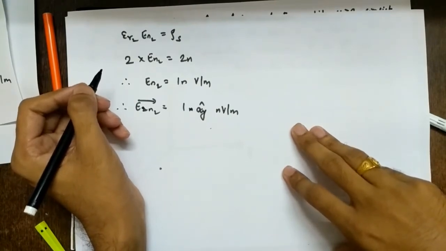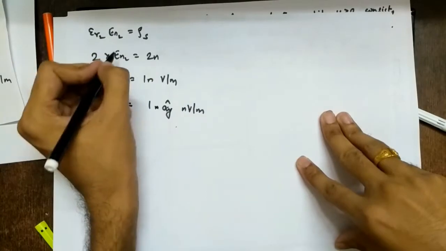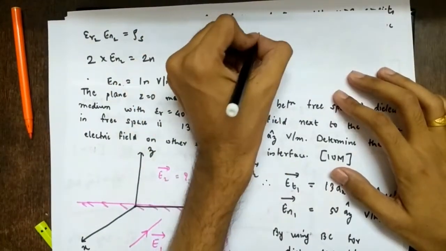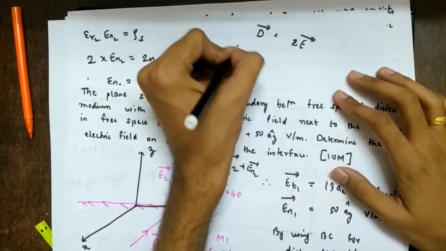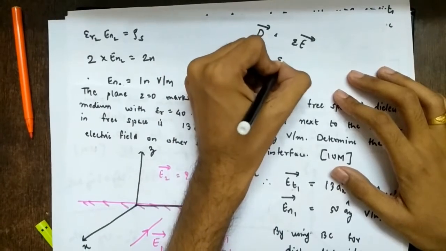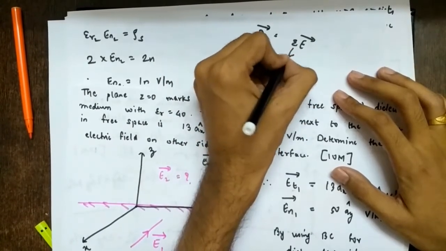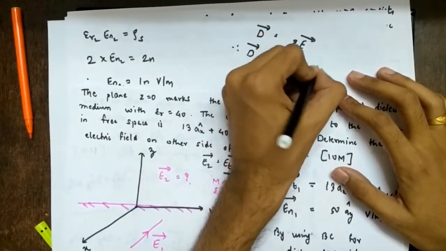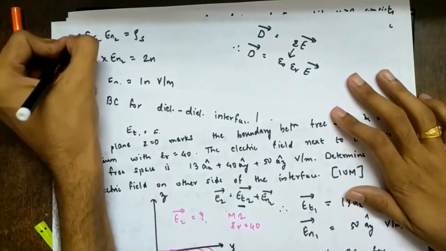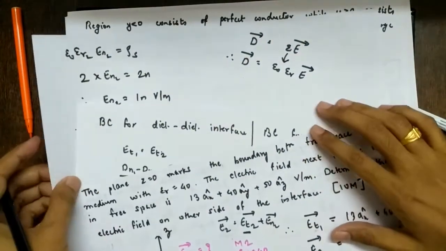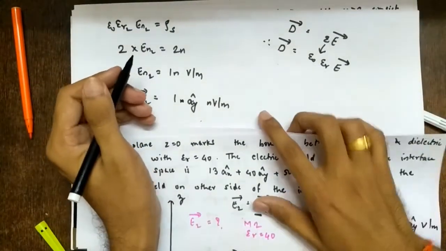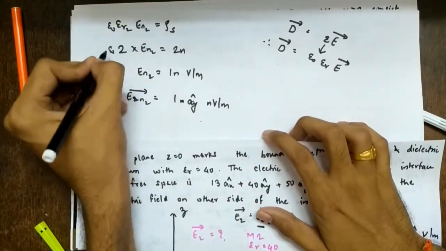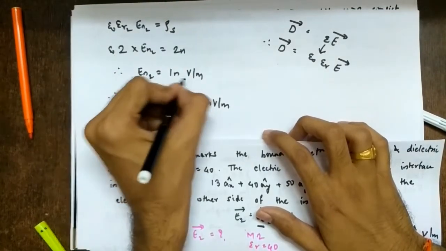Oh, damn. See, I made a huge mistake in all the sums. So let me clarify that. Extremely sorry. What is d vector? It is epsilon e vector, right? So therefore d vector is epsilon 0 epsilon r e vector, right? So this should be epsilon 0, right? So here I'll get again epsilon 0. So here it will be divided.